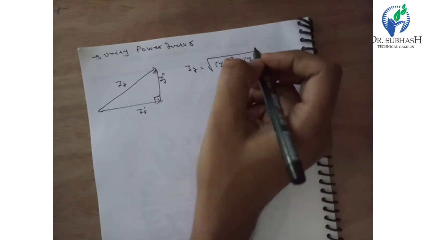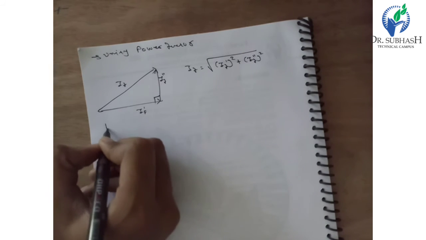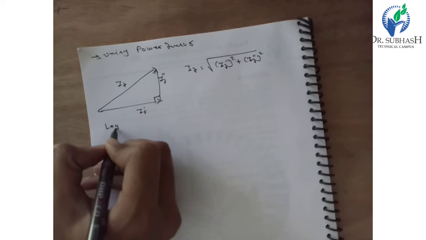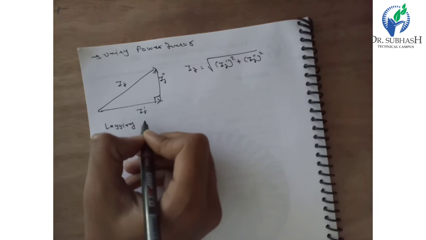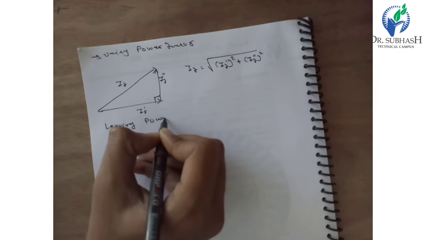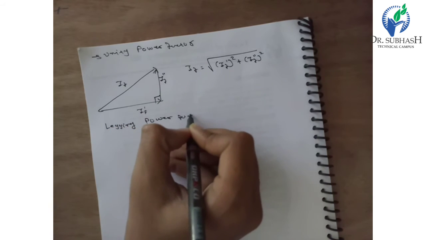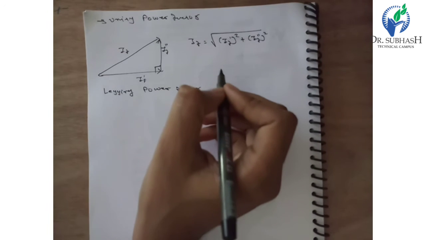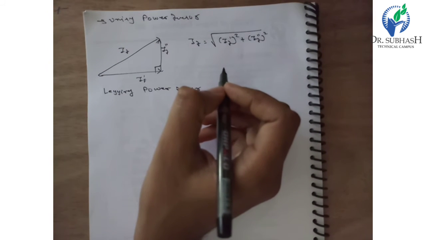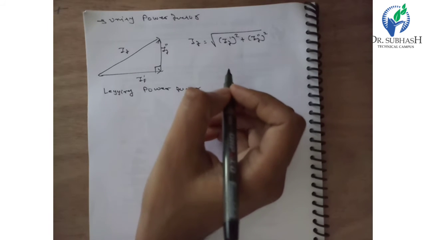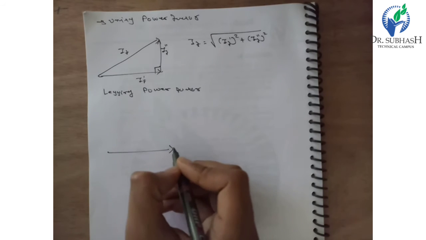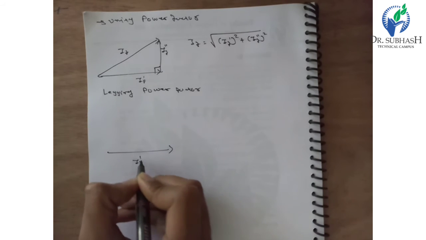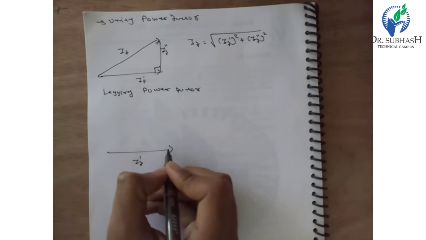Now for the lagging power factor connection, we should take an appropriate scale. IF dash is drawn in a horizontal form, so we draw the horizontal line for the IF dash.